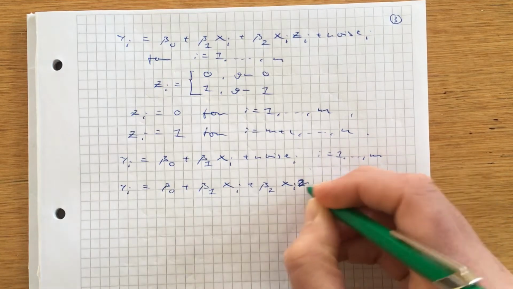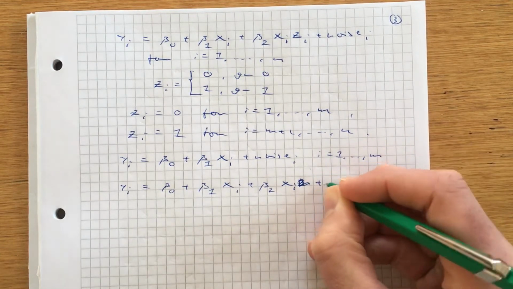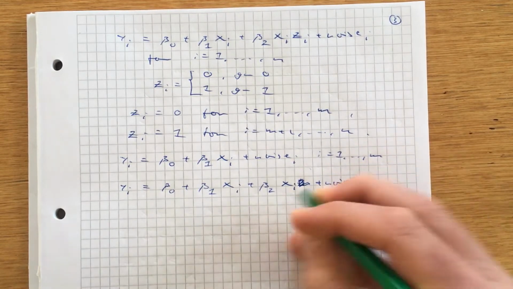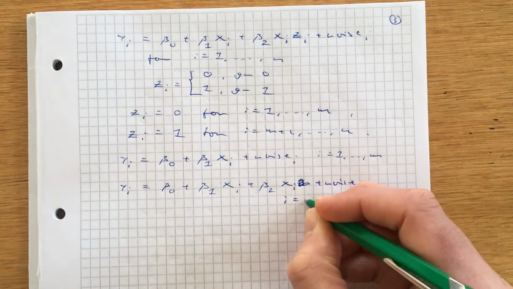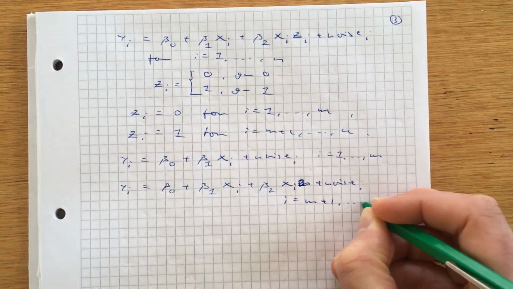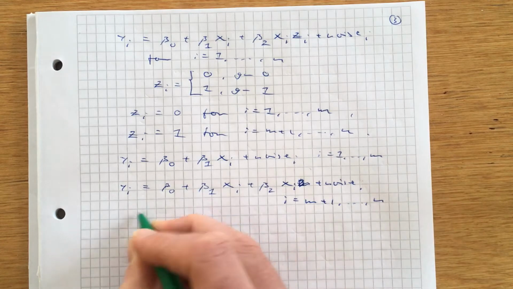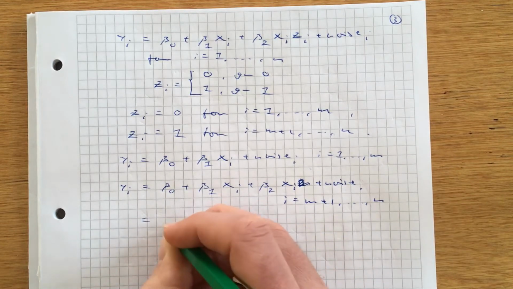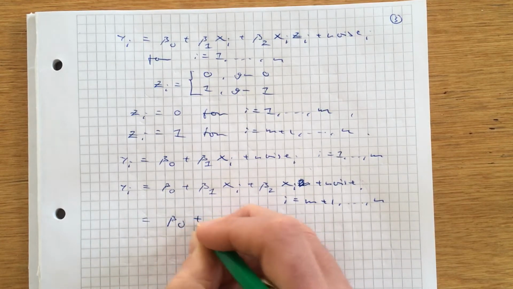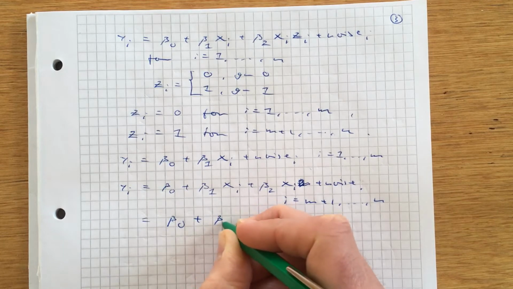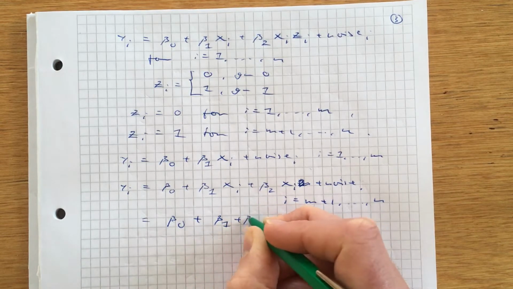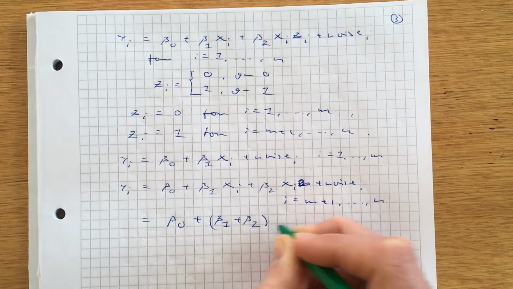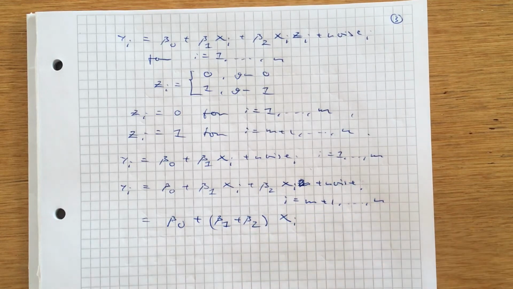The zi is only 1 now, so you can take the zi away, plus noise i for i equals m plus 1 up to n. And this, of course, is equal to beta 0 plus beta 1 plus beta 2 times xi.